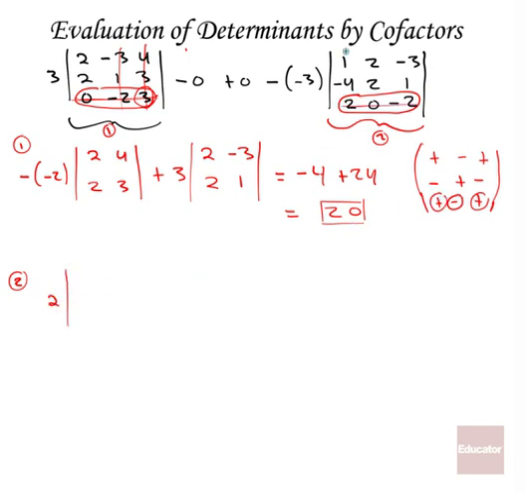Well, we eliminate the row and the column that that belongs to. 2, negative 3, 2, 1. The 0 doesn't matter, but I'll go ahead and put it in anyway. Well, actually, you know what? We don't need it. It's not that important. And then the minus 2 over here, it is positive, so minus 2. I like to write it that way.